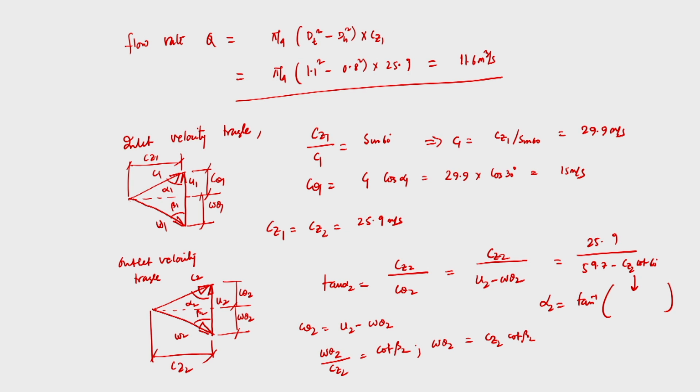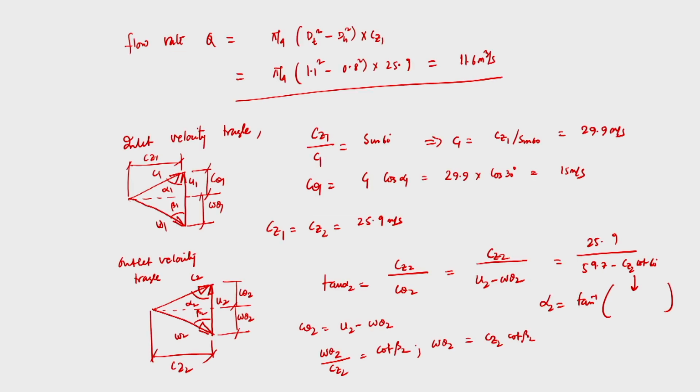If I go to the next slide, from the outlet velocity triangle, C theta 2 by Cz2 is equal to cot alpha 2.